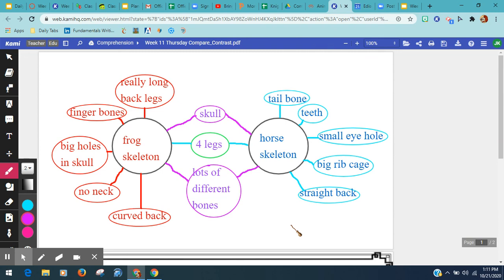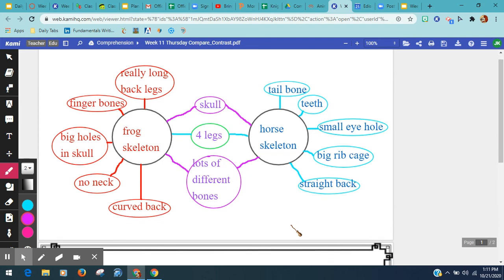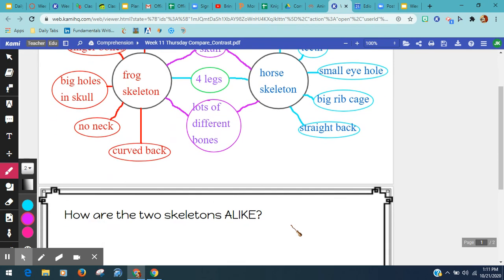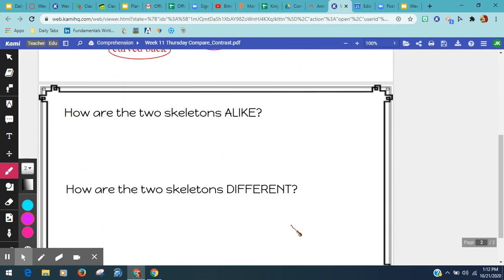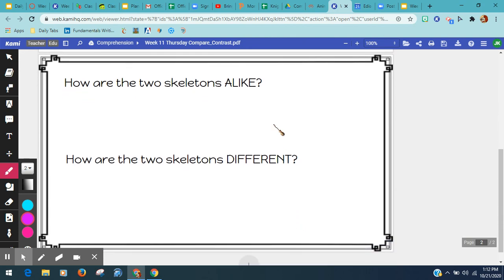There's a second page to this worksheet. Pause now if you need to finish. The second page has two questions: How are the two skeletons alike? How are the two skeletons different?